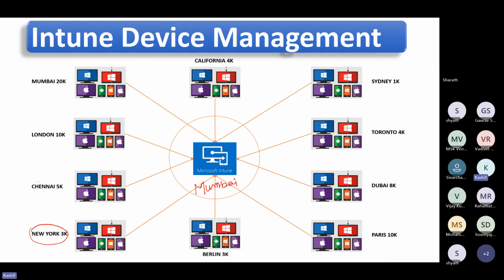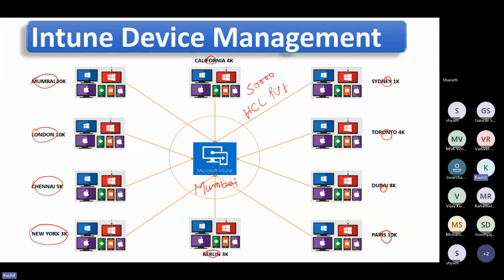Then you have some devices in Chennai, London, Mumbai, Berlin, California, Sydney, Toronto, Dubai, and Paris. Let's assume your company name is HCL Private Limited, and all over the globe you have 50,000 devices.